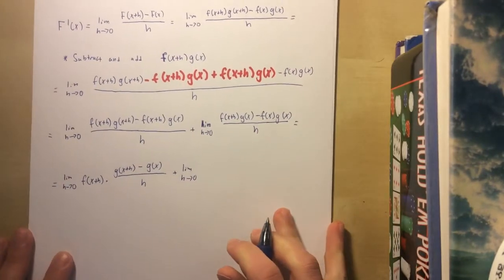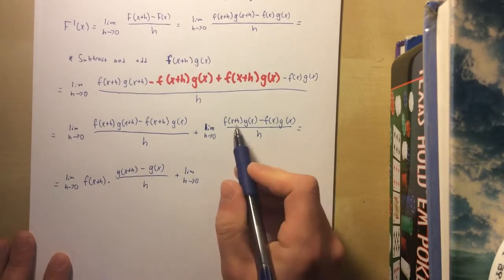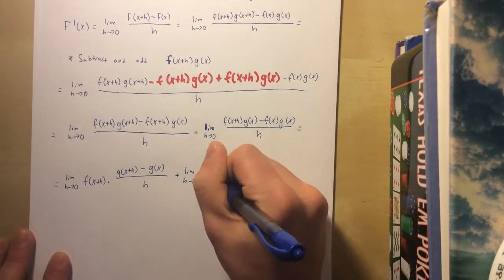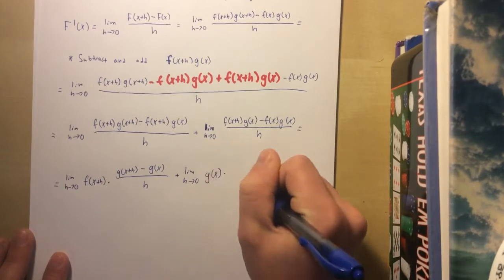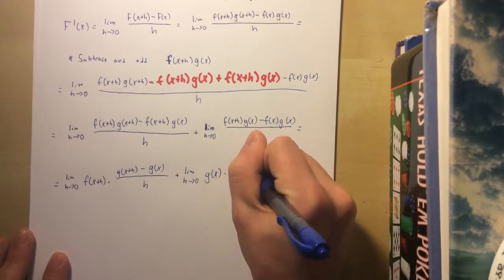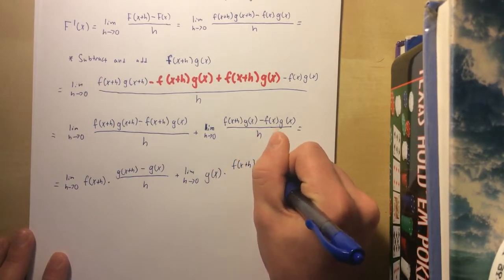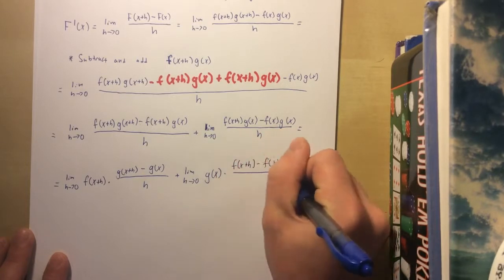Remember on this side I'm going to factor out a g of x. So we have a g of x times, and we're left with an f of x plus h minus f of x over h.